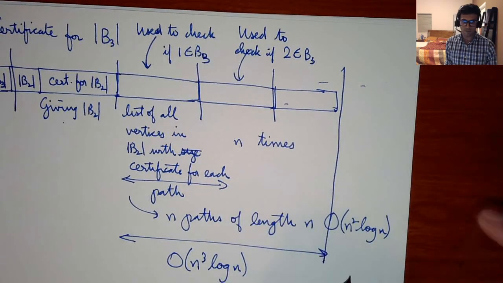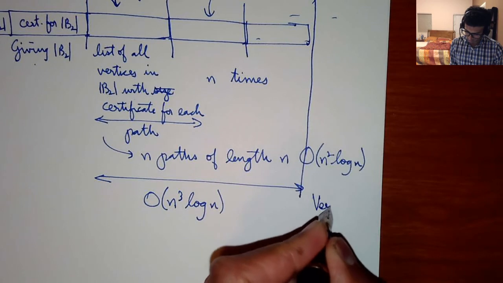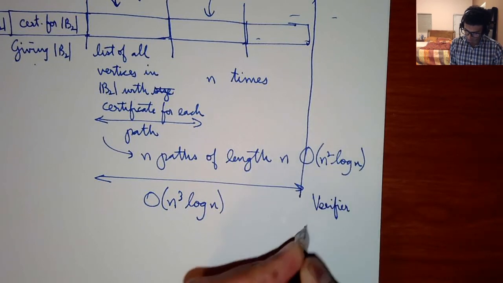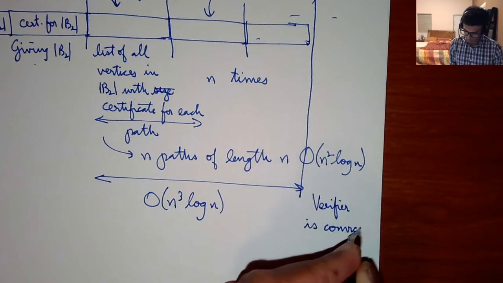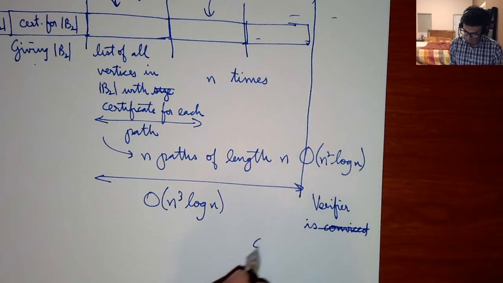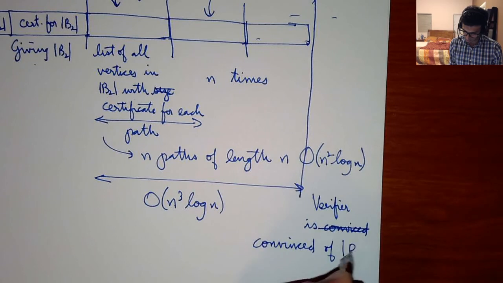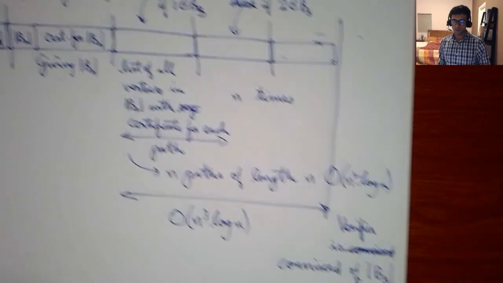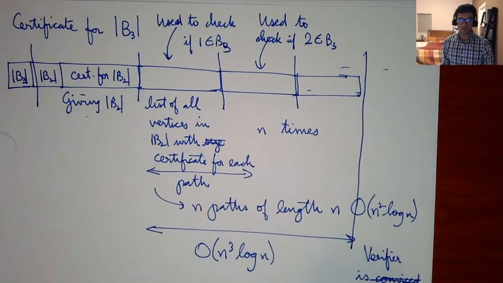once the verifier reads all of this, the verifier is convinced of the size of B3.